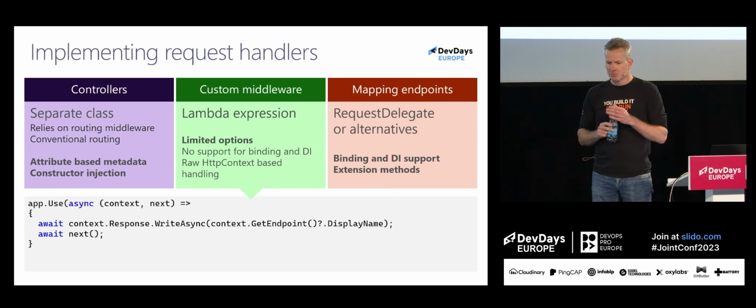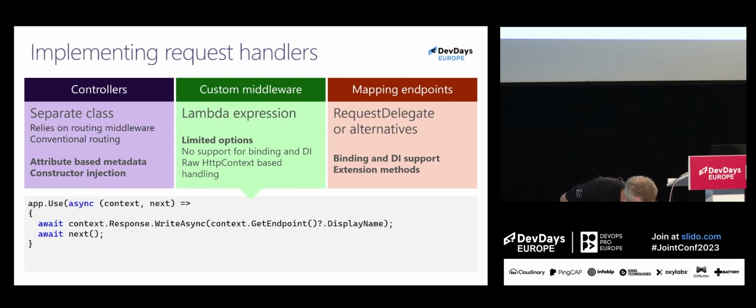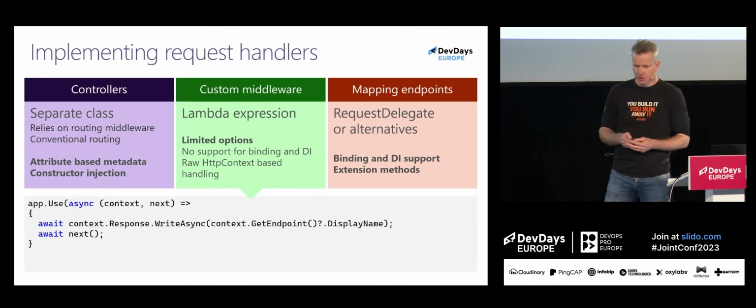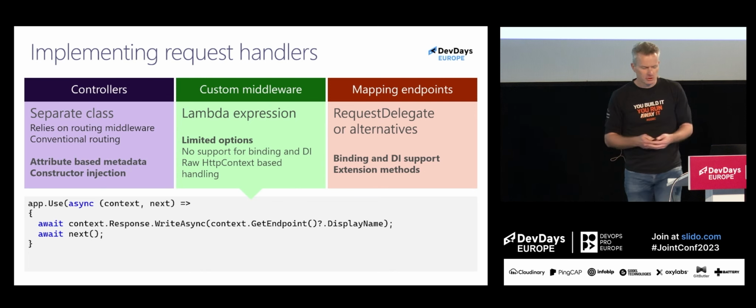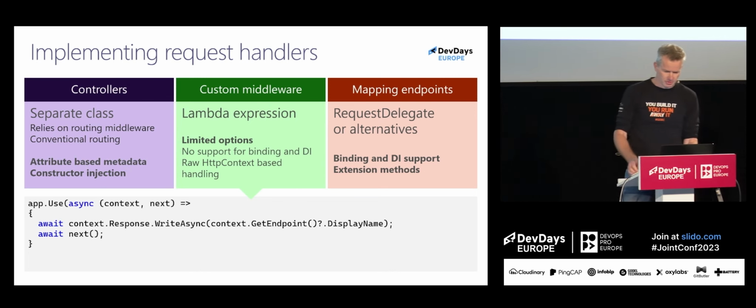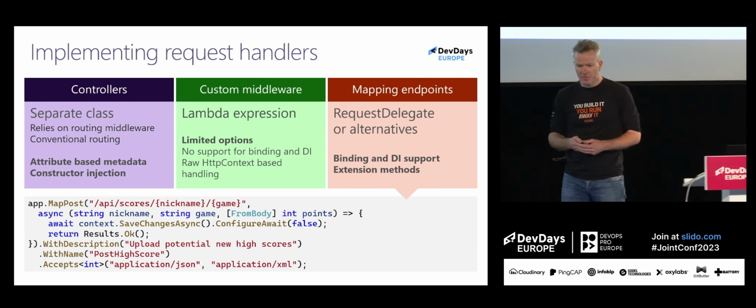Then if you do the plain custom middleware, you can use this context response and do the writing by yourself. Okay. And then the final part is mapping of the endpoints.